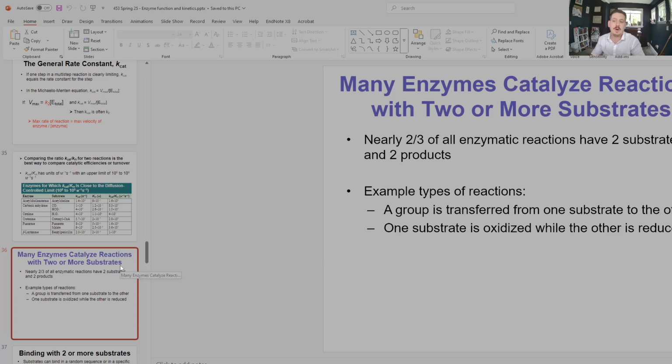That's only about 1/3 of enzymes actually do that. About 2/3 of enzymes actually have one thing binds, a second thing binds, one product leaves, a second product leaves, something like that. And there's a whole different order of it actually. So we're going to cover that in this lecture.